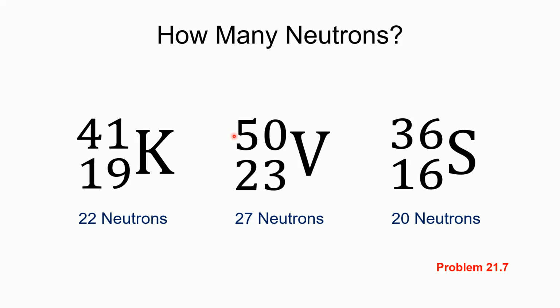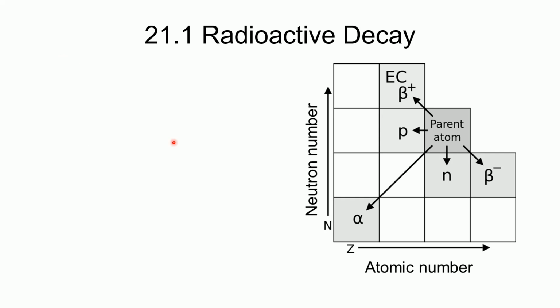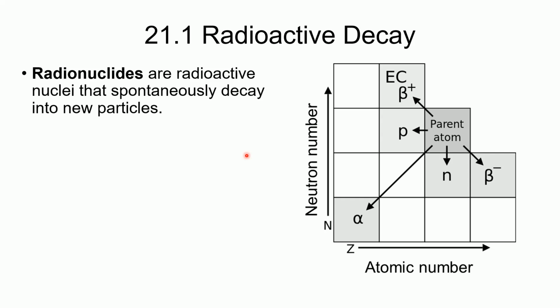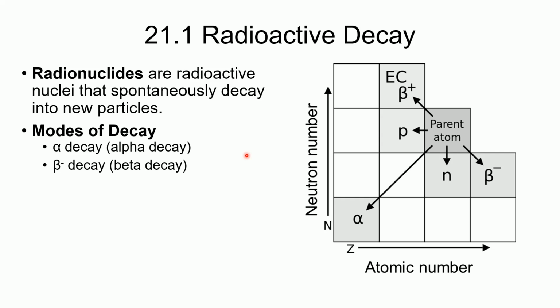So now let's really get started on this chapter. We're going to be talking about radioactive decay and the different modes of radioactive decay. First of all, radionuclides, those are just radioactive nuclei that spontaneously decay into new particles. And we will find that there are several different modes by which this can occur. Alpha decay, beta decay, and beta minus means beta decay.